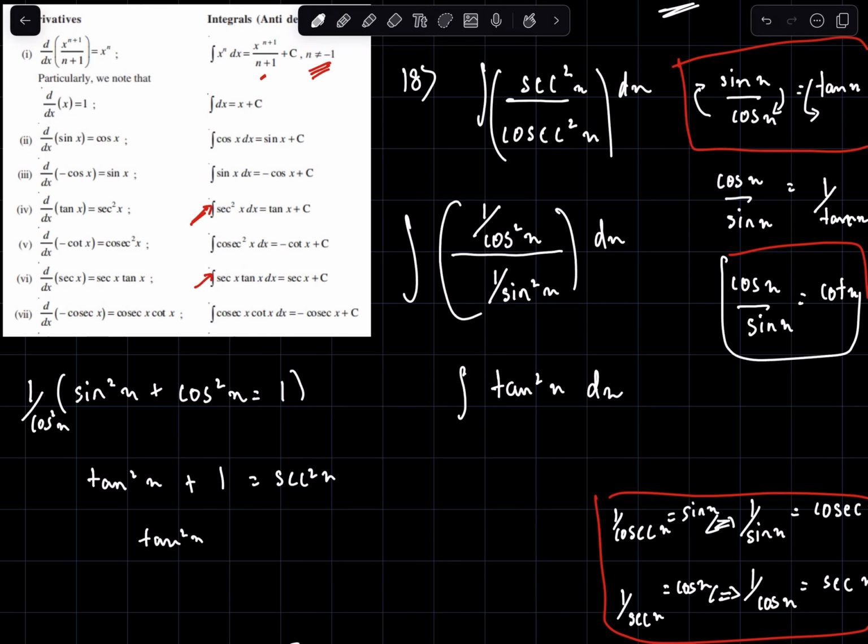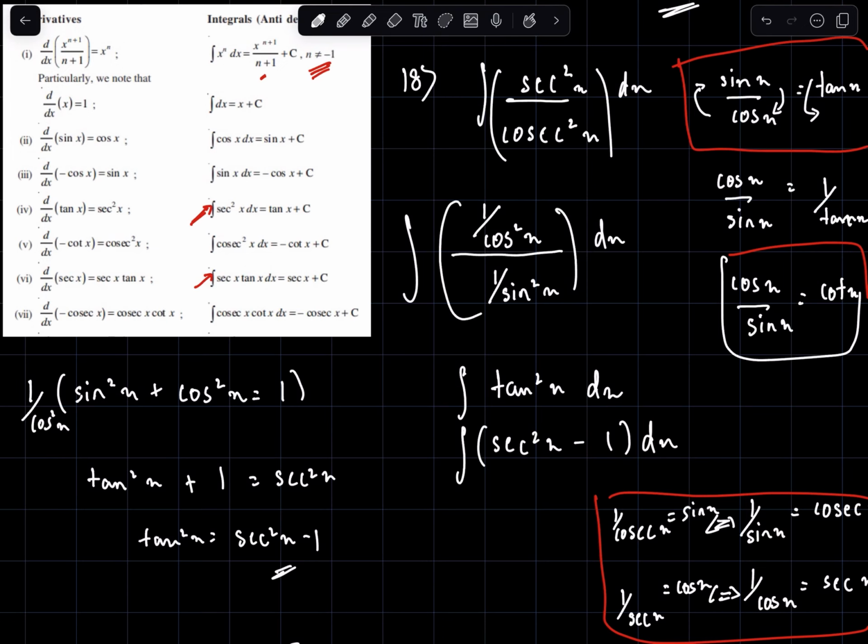So tan square x is equal to secant square x minus 1. Simple. So integrate secant square x minus 1 dx. Now this is simple: you can integrate secant square and you can integrate dx.